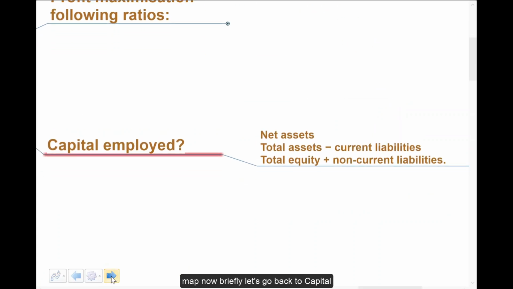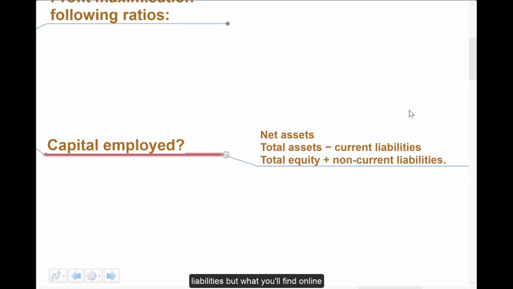Now, briefly, let's go back to capital employed, because this area, within management accounting and indeed generally online, capital employed, the actual figure, can mean a couple of different things. I think for our purposes, the easiest way to deal with it, if we're asked to calculate capital employed, is just simply to take the total assets less current liabilities.